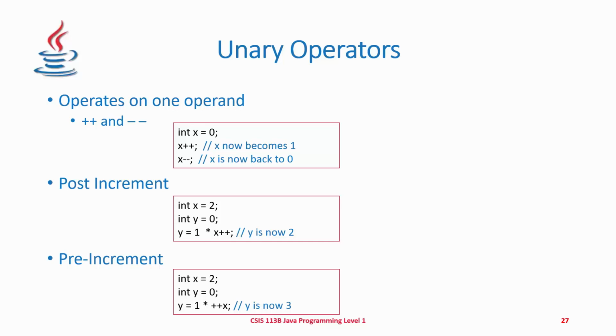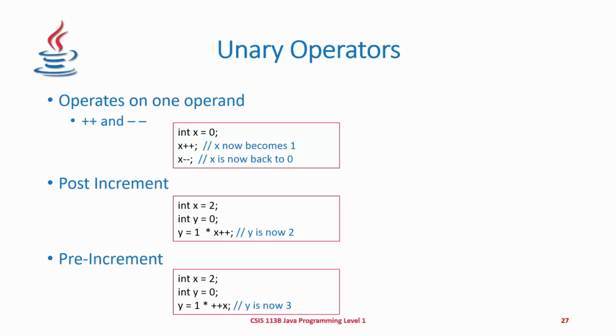Then we assign y the results of calculating the number 1 times x, where it is post-incremented. That means it's actually incremented after the multiplication operation occurs. So x is not incremented, it's still 2 when it's multiplied times the number 1.